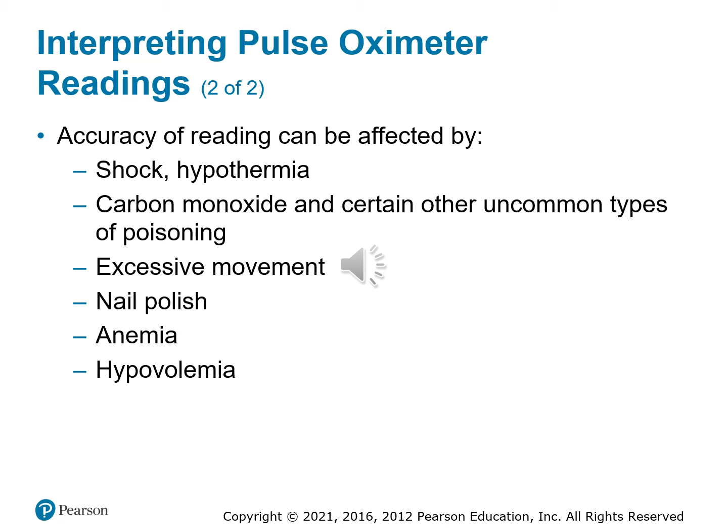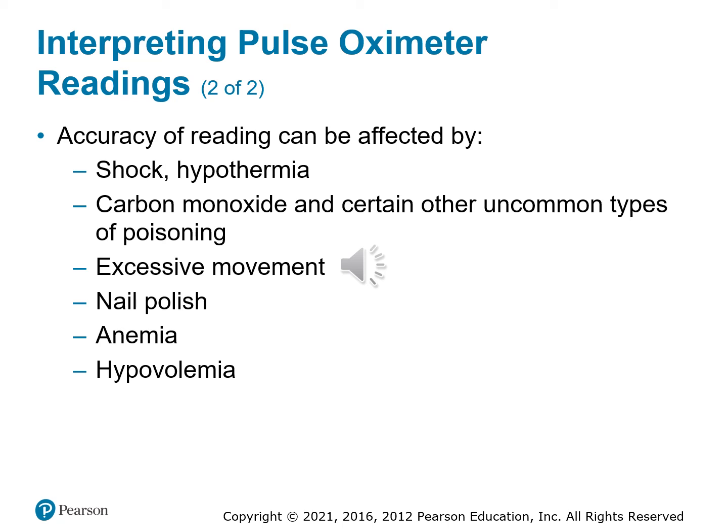That number can be skewed because of the way the poisoning works within the body. So if they've been exposed, you need to measure really what their carbon monoxide levels are, more so than what their pulse ox is, because they could have a significant respiratory issue going on and still be measuring 100%. That's not abnormal in those situations.